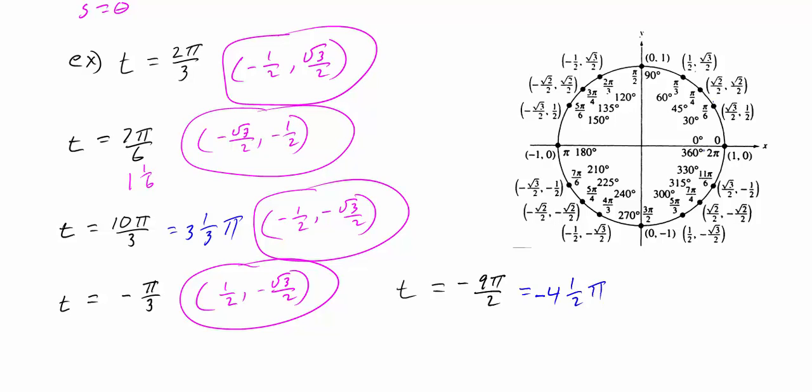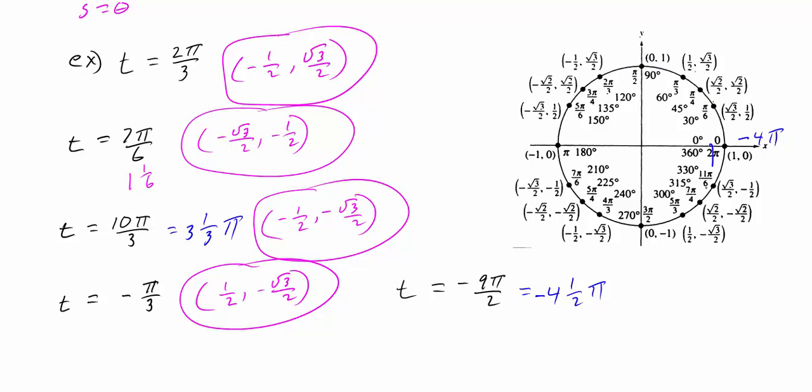Well, first we would know that if we went down this way, all the way around, this is a negative 2 pi. And then if we go all the way around again, that would give us a negative 4 pi. So we would end up here. This would actually be a negative 4 pi, but then we still need to go 1/2. Well, we know that if we went positive this direction, this right here is 1/2 pi.